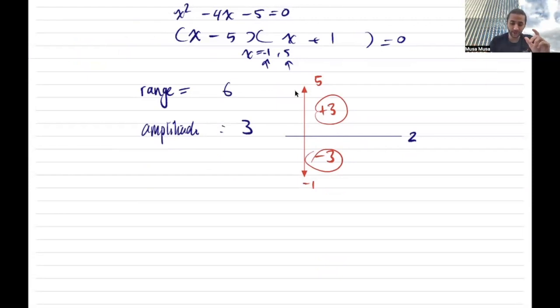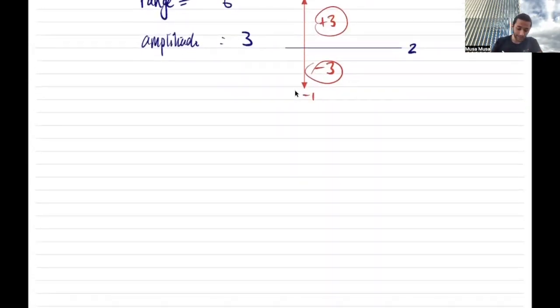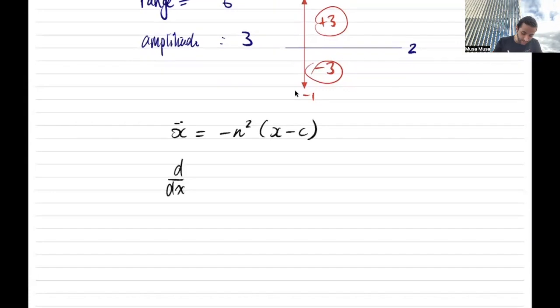I want to actually show you how to get to a form for v squared where you can automatically pick out the n's, the a's, and the c's. So let's go to my second derivative. X double dot equals minus n squared, x minus c. This is the most general form. What I'm going to do is now replace this with d dx of half v squared equals minus n squared, x minus c.